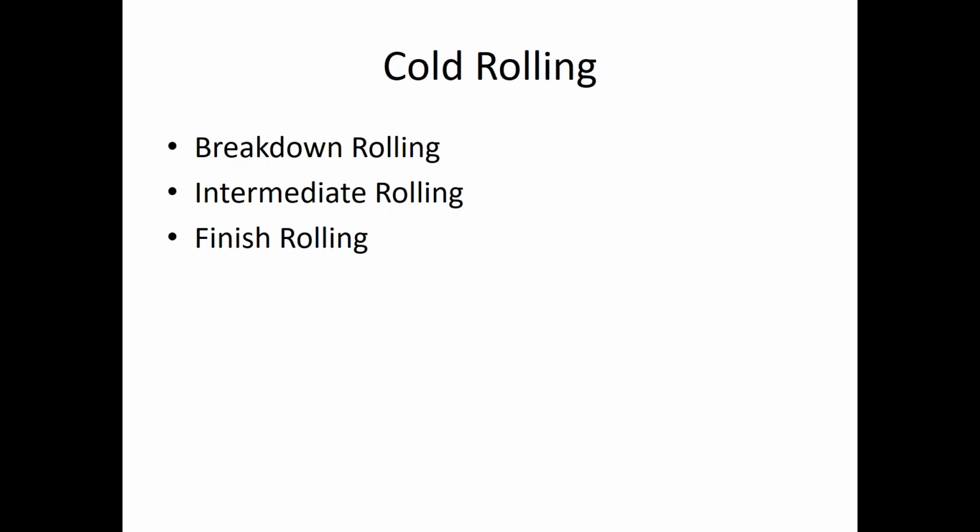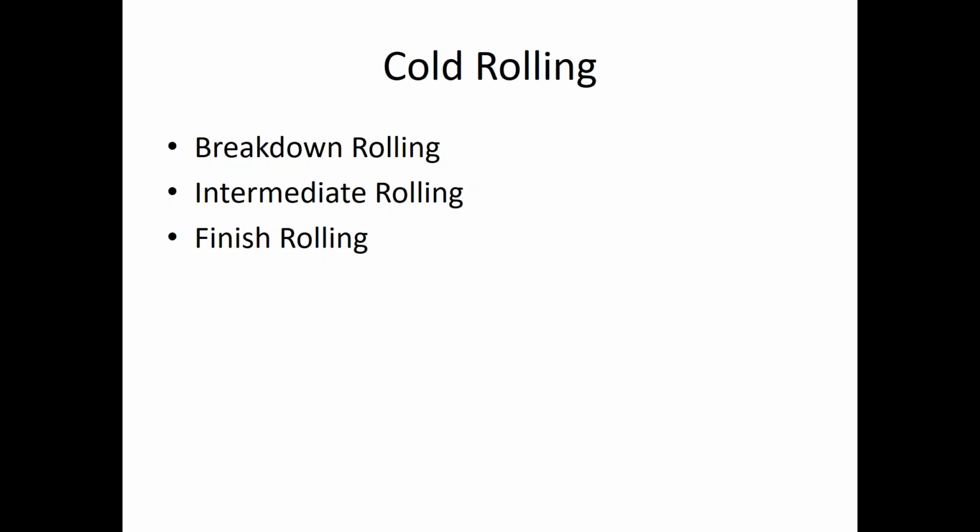You have breakdown rolling, which is getting it from 3/8 down to close to what you're planning to do. You have intermediate rolling, and many of the coils that are processed here are between 36 and 38 inches, maybe 39 inches wide.